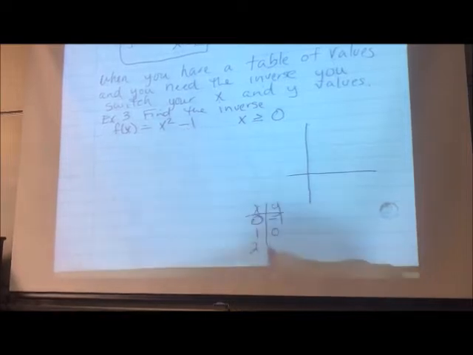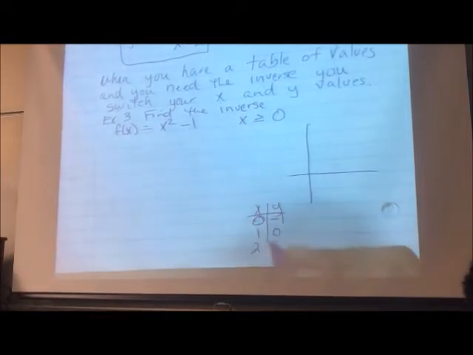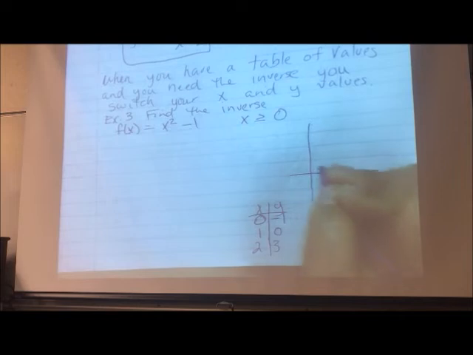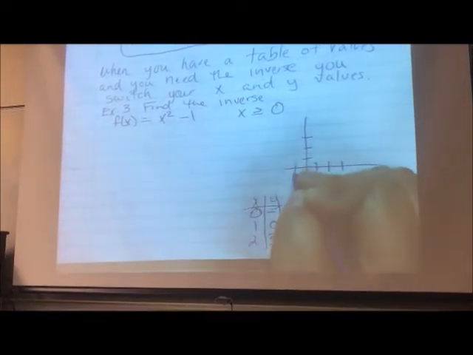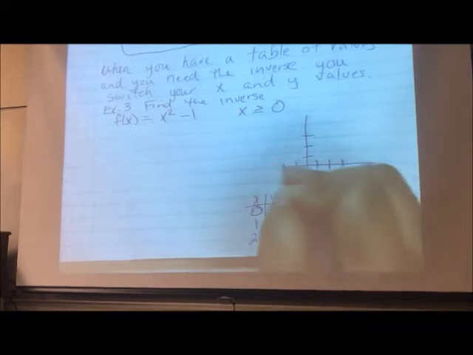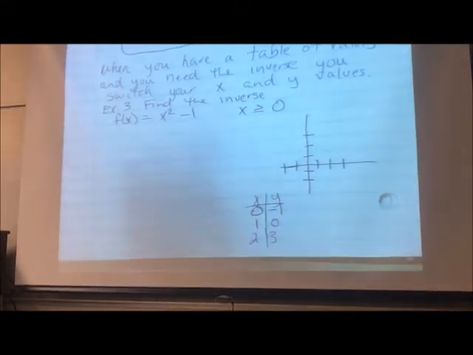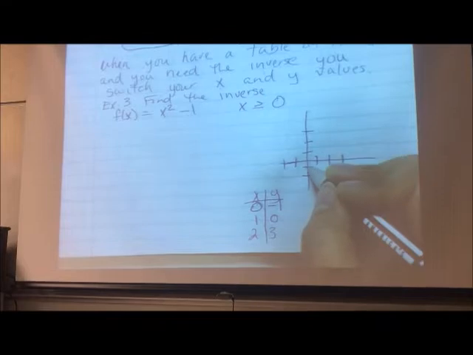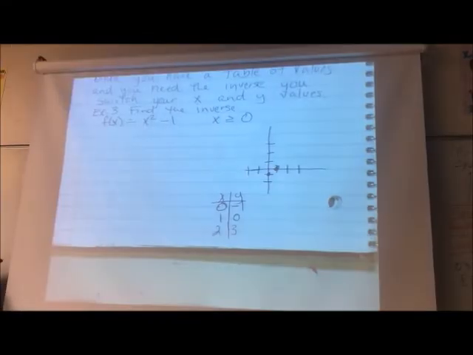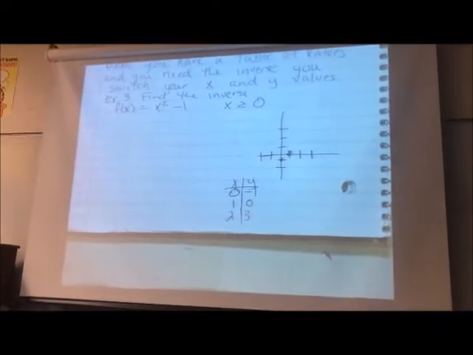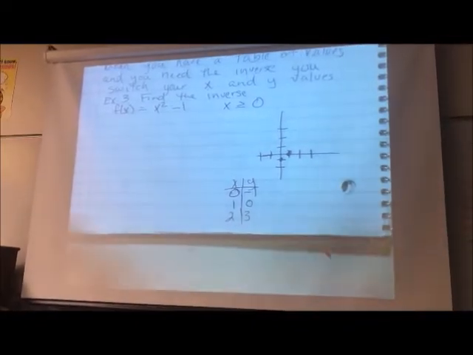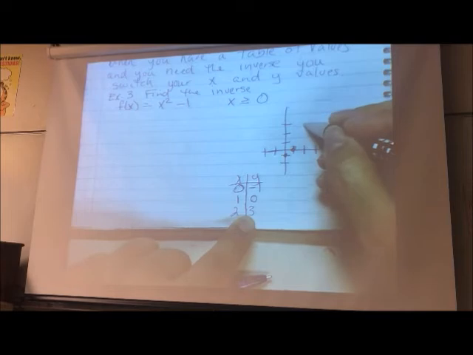Minus 1? 3. So I'm just going to sketch these points. That's it. So I have 0, negative 1, which is here. So, continuing on this one, I was going to sketch 2, 3, which is there.